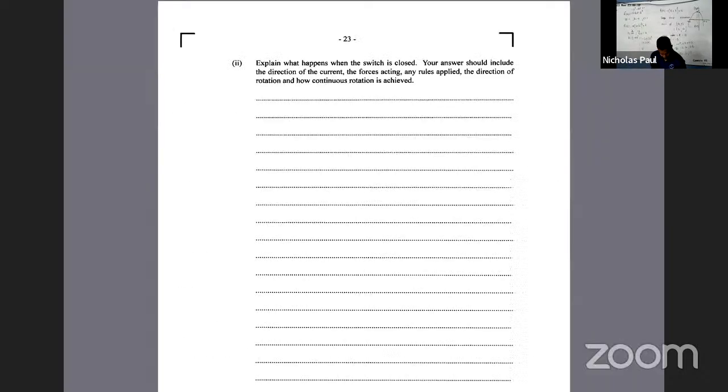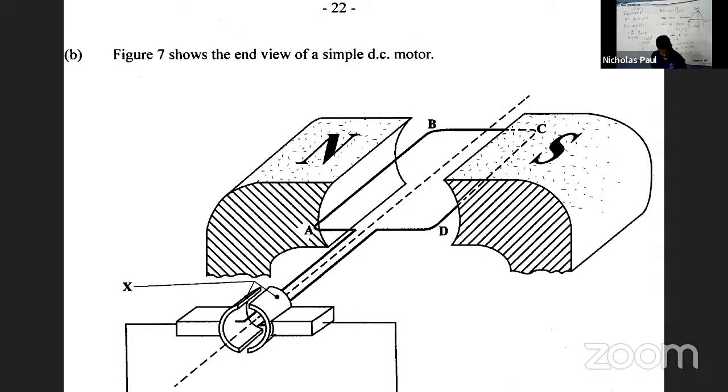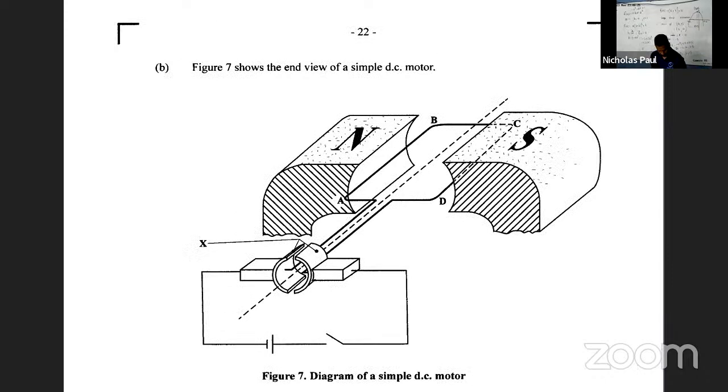And I'm going back to the diagram for you. It's already labeled, so you're good to go. All you have to do is figure out current direction, then figure out the forces, and then the next part. But try the explanation of it.